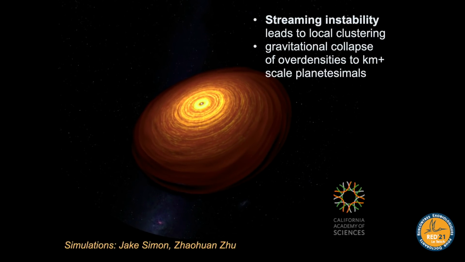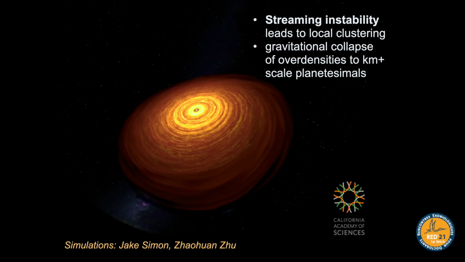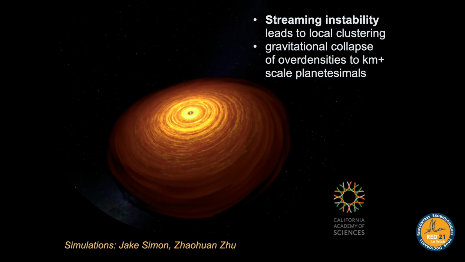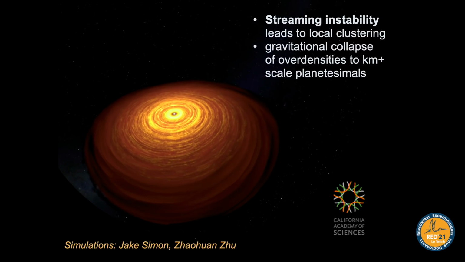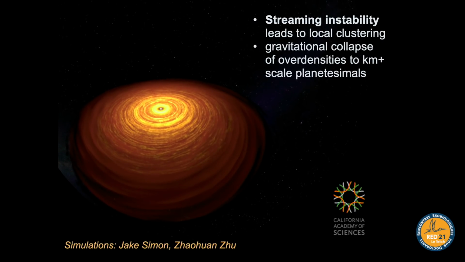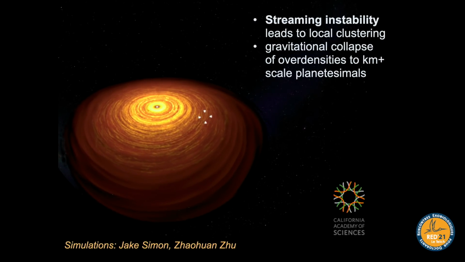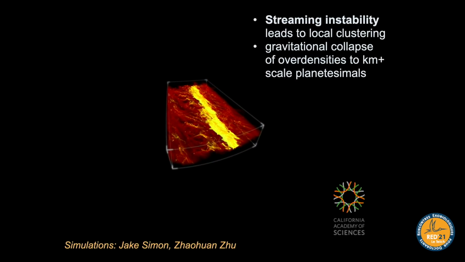Here's a really cool animation of what the streaming instability actually looks like within a model of a planet-forming disk. This animation was drawn directly from the highest resolution simulations that are out there now.